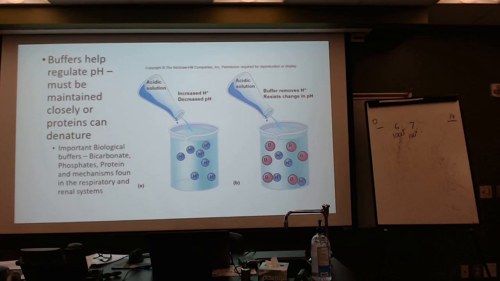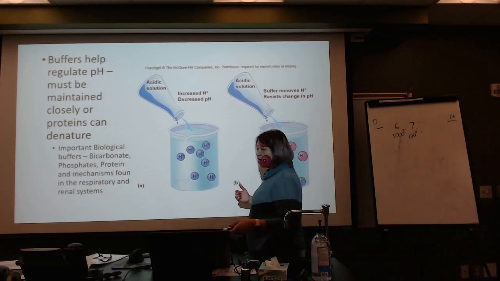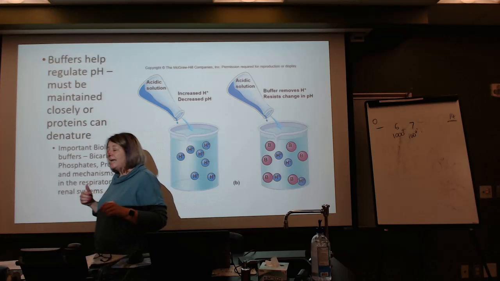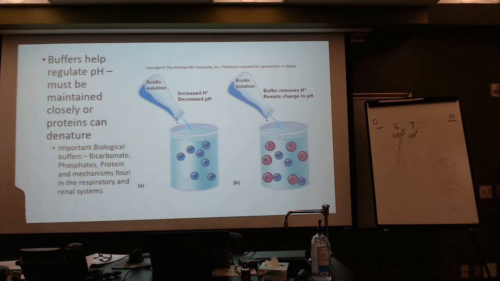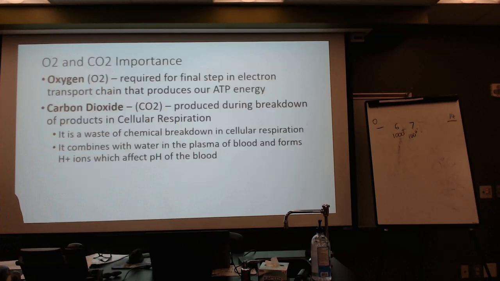The body works very hard to keep pH at 7.45. And when it can no longer keep it at that point, other systems are going to get affected and things are going to start to break down.